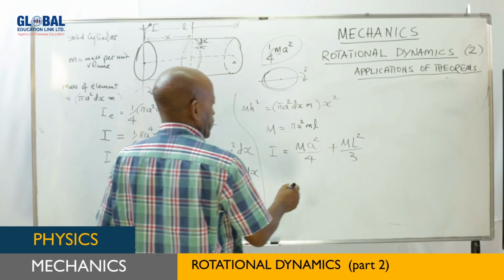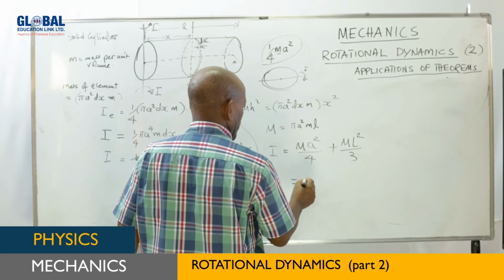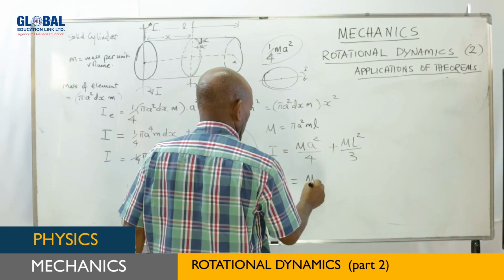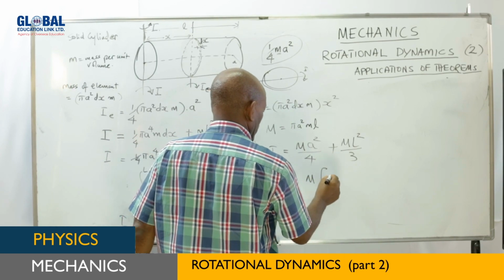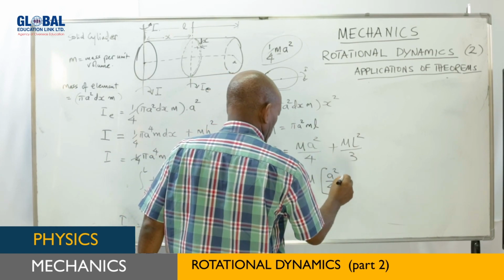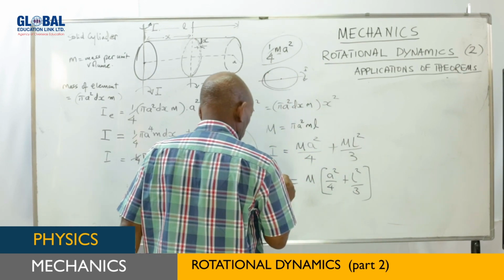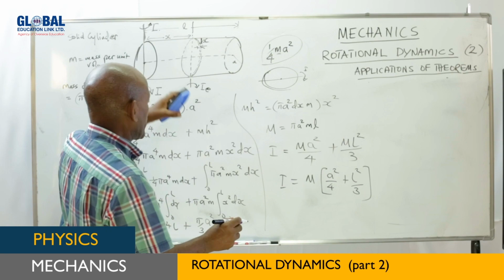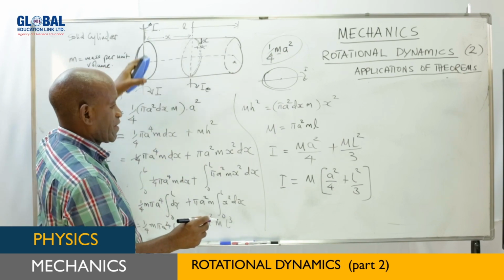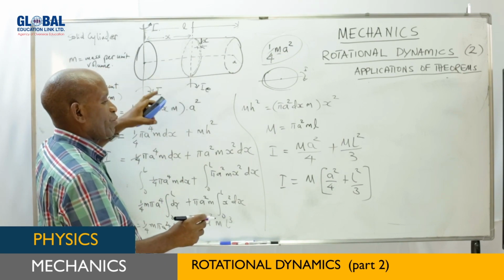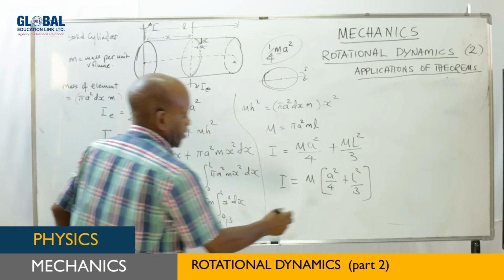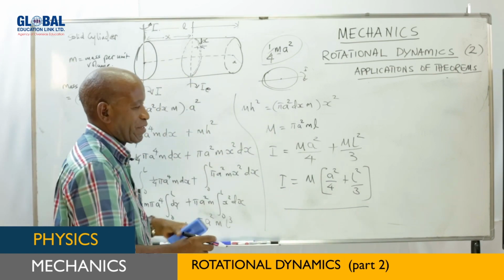Okay, and therefore we can simplify this. M can be taken outside, and inside we can have a squared over 4 plus L squared over 3. This is the moment of inertia of a cylinder about an axis passing through its diameter at one end. So it's given by this particular expression.